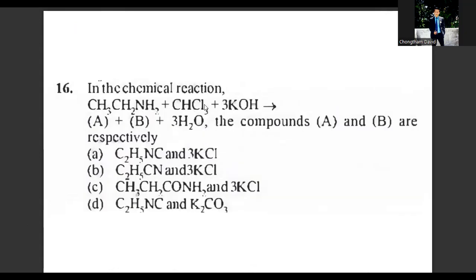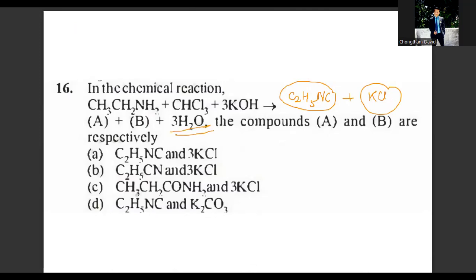In the chemical reaction given below, you might be familiar with this reaction. This is the carbylamine reaction. Just find out the product, then you have the answer. In the carbylamine reaction, a very foul smelling compound is formed. That foul smelling compound is called isocyanide, with also the release of potassium chloride and water molecules.